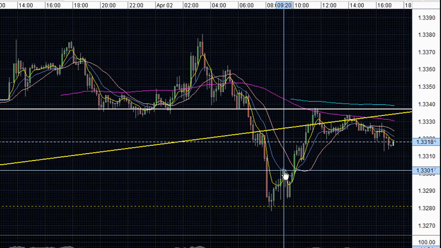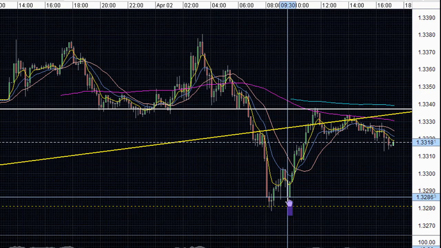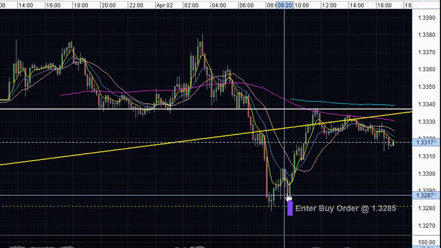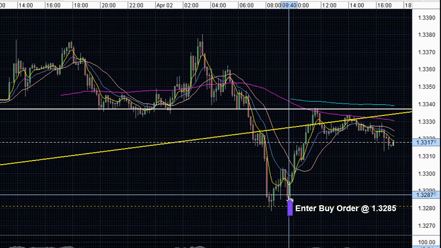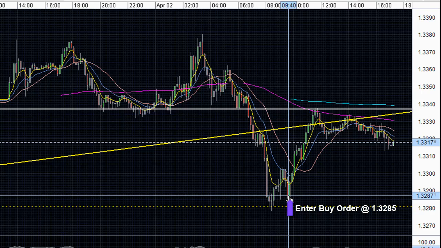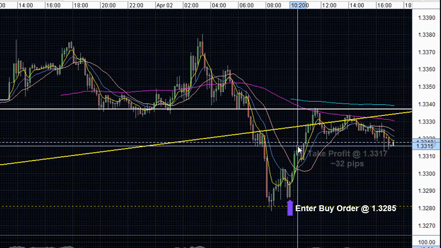And once the pair began to show signs of a bullish movement, you could have waited for a pullback towards this support here around 32.85, and you could have entered a buy order here at this support at 32.85, and you could have gone long on the pair and took your profit once price had reached this resistance here at 33.17 for about a 32 pip trade.